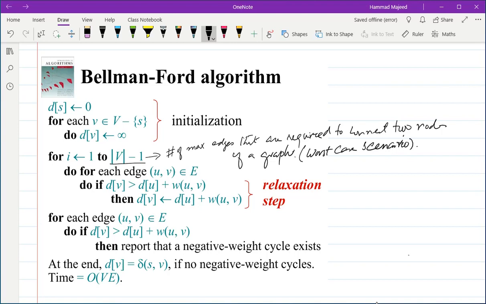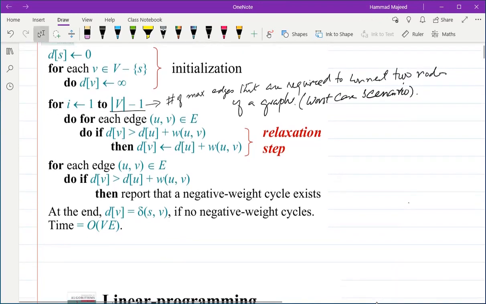I am going to write a few important points, and then we will move on towards the topic of linear programming. So in this case, why are there V minus 1 iterations?